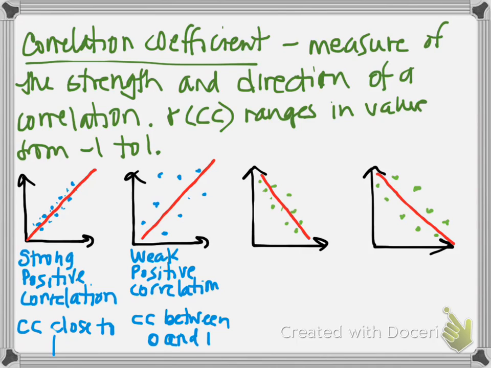Okay, so now that we've seen what it was with the positives, we can apply this to the negatives. And actually, I'm going to adjust. This guy's driving me crazy. He's too far out, so we're going to make him closer like that. There. So we would say that this first of the green dot scatter plots would be a strong negative correlation.